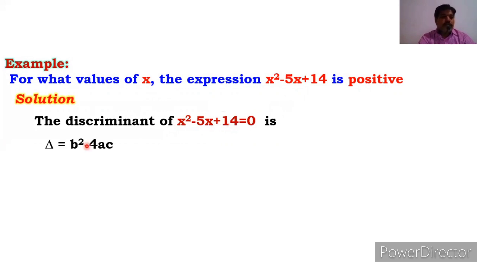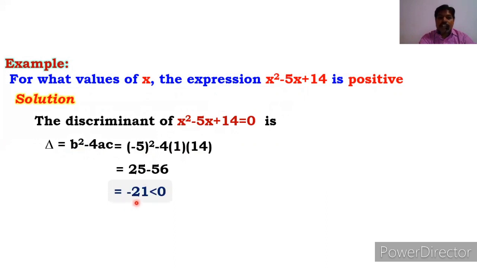So discriminant delta is equal to b square minus 4ac. Replacing the values, that is minus 5 whole square minus 4 into 1 into 14, which is 25 minus 56, so that is minus 21. This is less than 0.